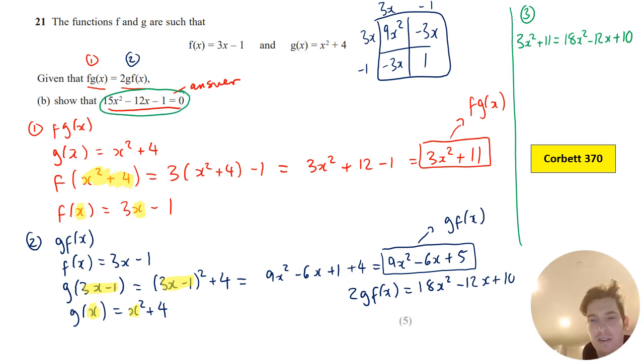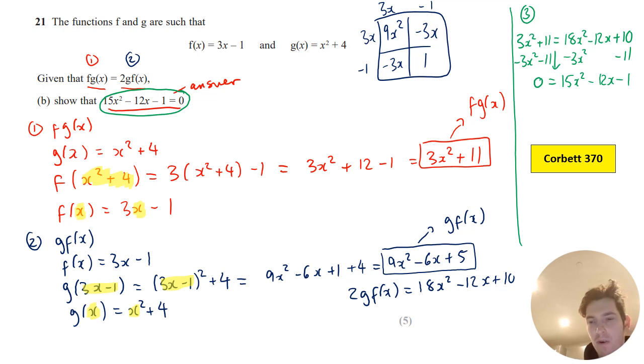So it says equal to 0. I think it would make sense to make the left-hand side equal to 0. So minus 3x squared minus 11 from both sides. And let's hope I get the same thing. 18x squared minus 3x squared is 15x squared. Good. Then I got minus 12x still. And 10 minus 11 is minus 1.